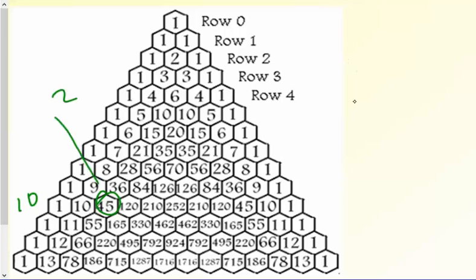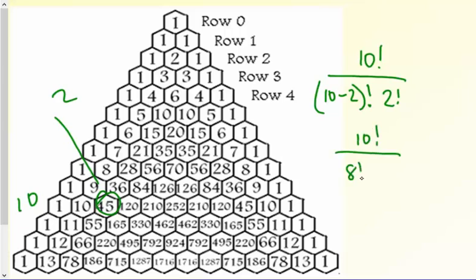So we're going to look at 10 factorial over 10 subtract 2 factorial, 2 factorial. So that's 10 factorial over 8 factorial, 2 factorial, and all of that's going to cancel out to leave us with 10 times 9 over 2, which is 45.